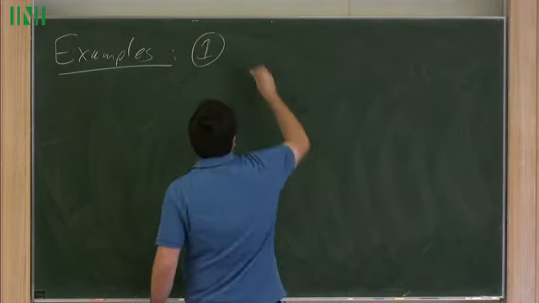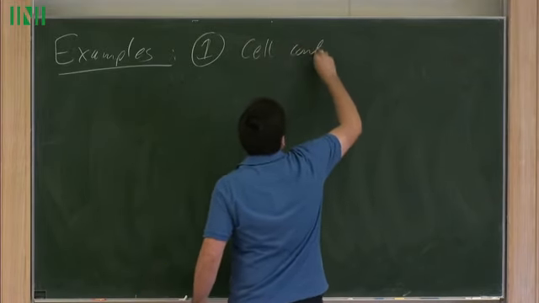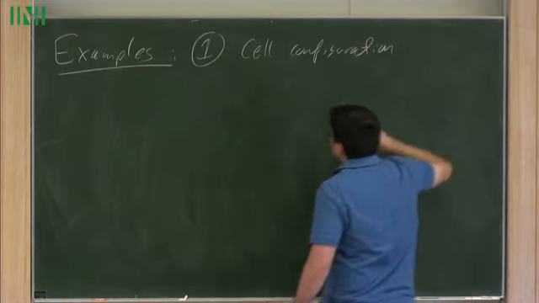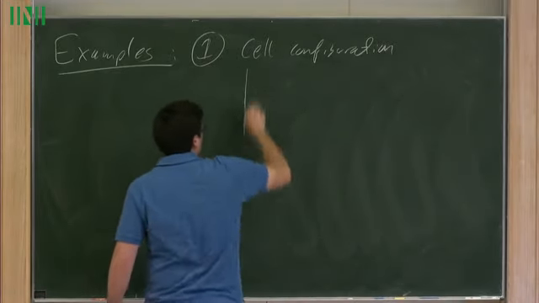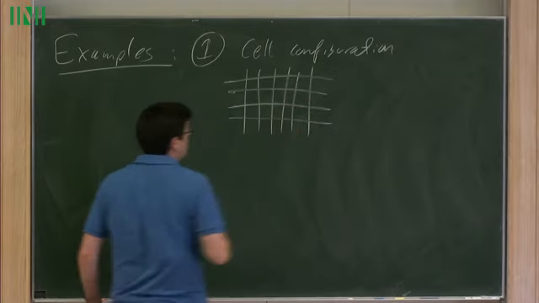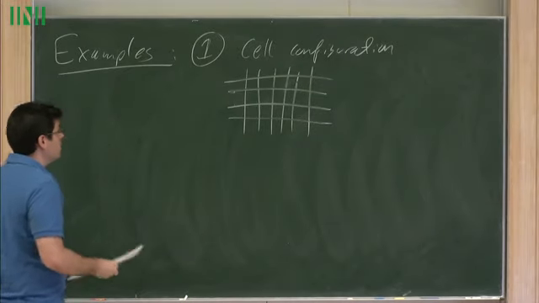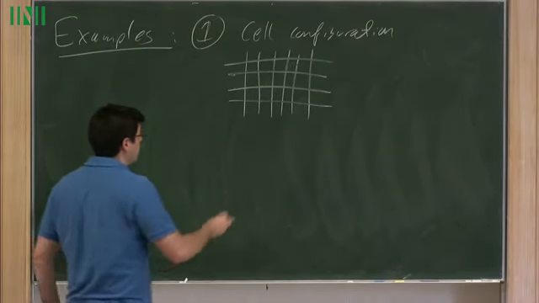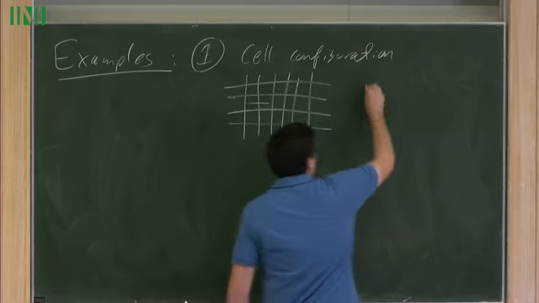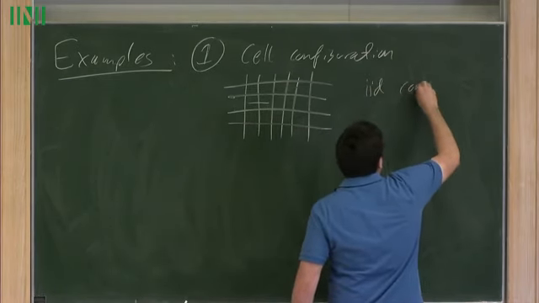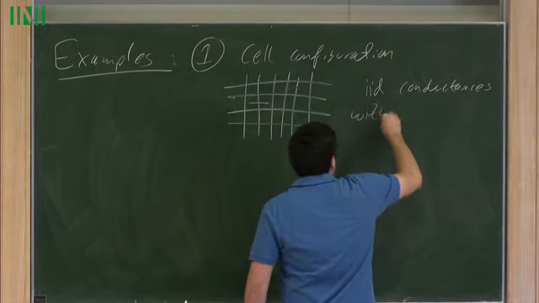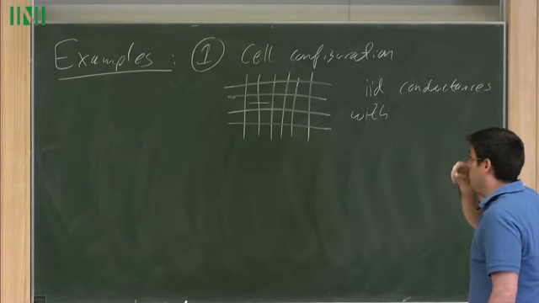You just take your cell configuration to correspond to the usual two-dimensional integer lattice, and you make the conductances between adjacent squares IID conductances, which have to satisfy the non-degeneracy conditions.